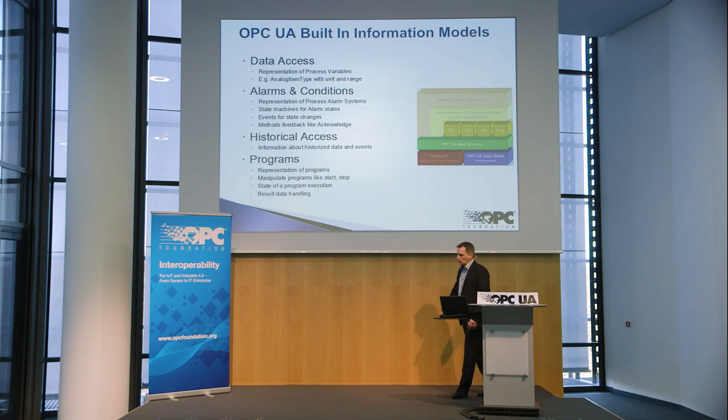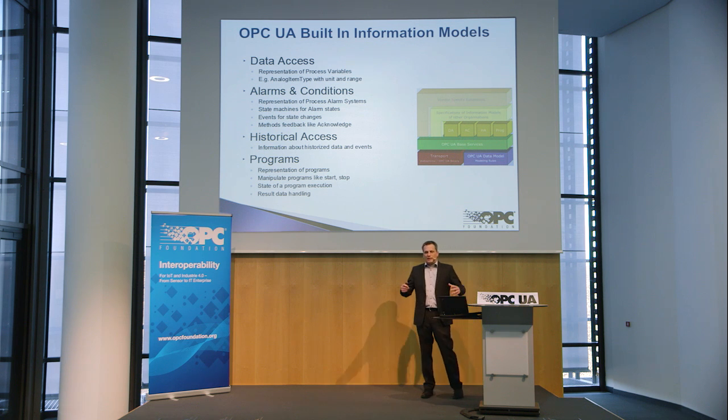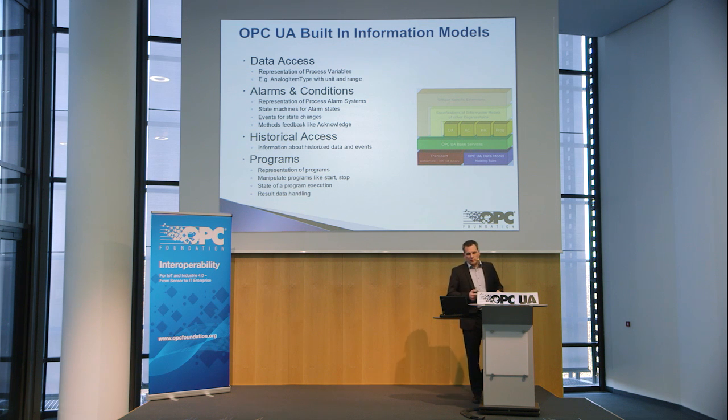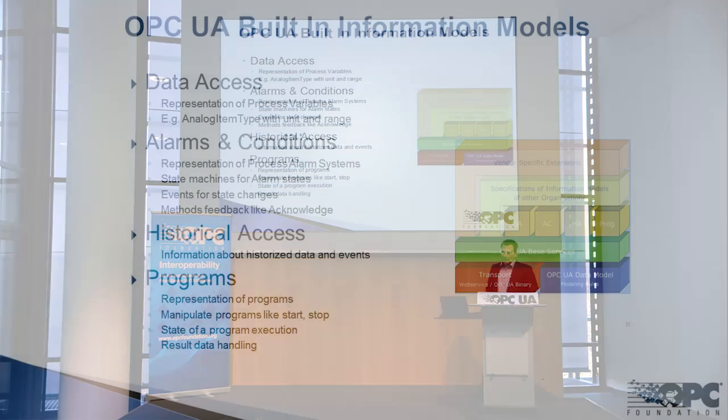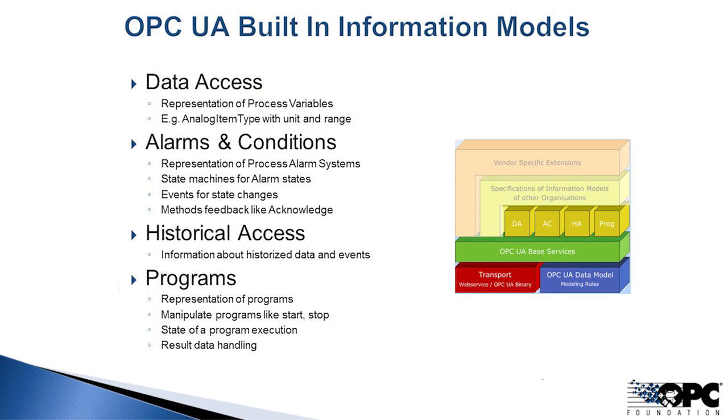And for the information models, we have already built-in information models that are defined by the OPC Foundation. We have an information model for data access, and it's for representing processed data in an industrial device. One of the types that is already defined there is the analog item type, which I showed a few slides before.